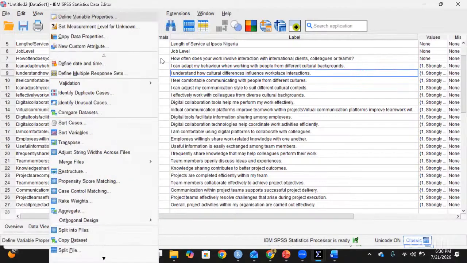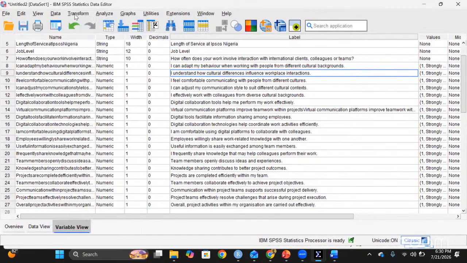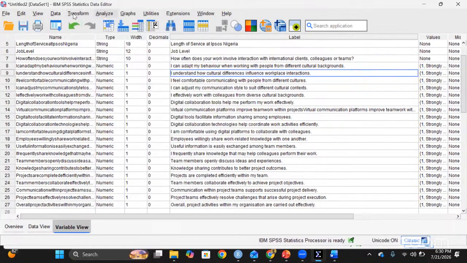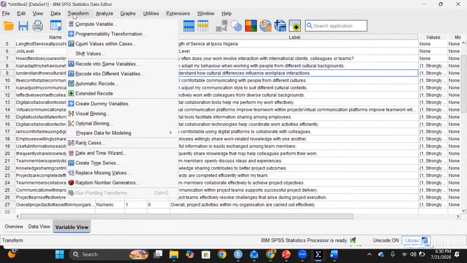Now, I want you to look at this transform. Which of all these options do you think I can use for what I want to do, where I want to get the sum of people's responses? Which of these options would offer me that utility?